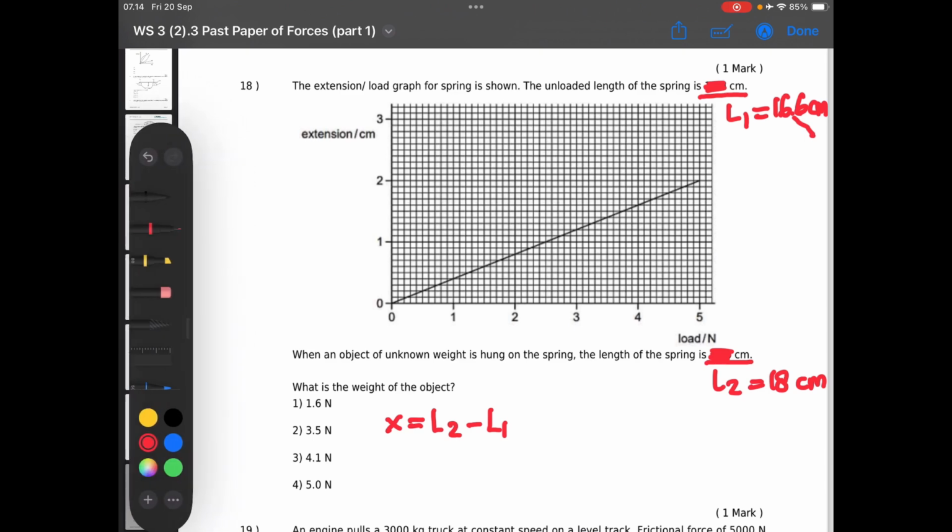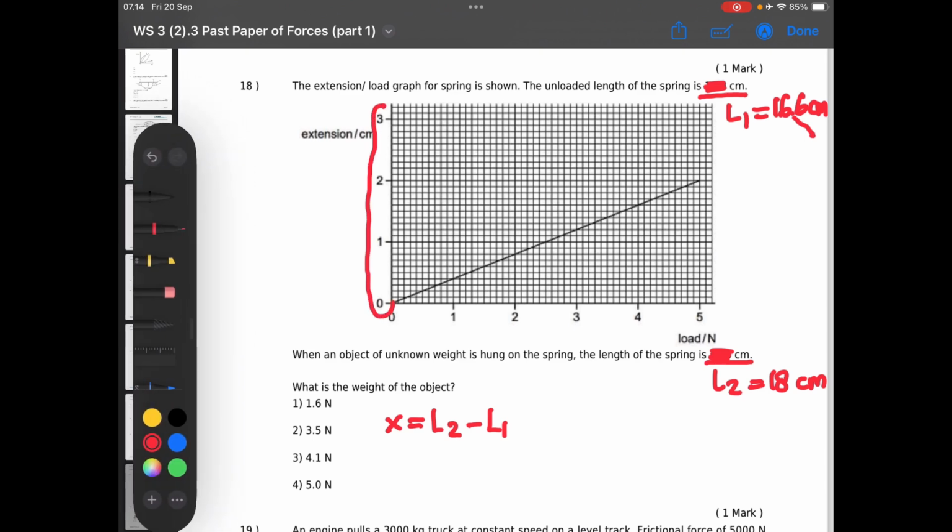After you get the extension, guys, find in this graph what the extension is. Let's say, so it's not the real one, your extension is actually 1. So, what should you do? You get 1 here, go to the right until you meet the line.